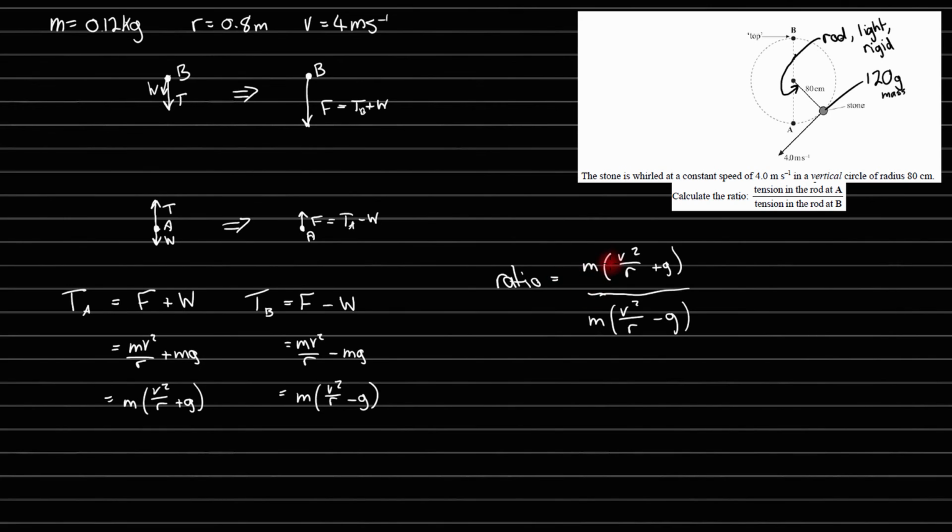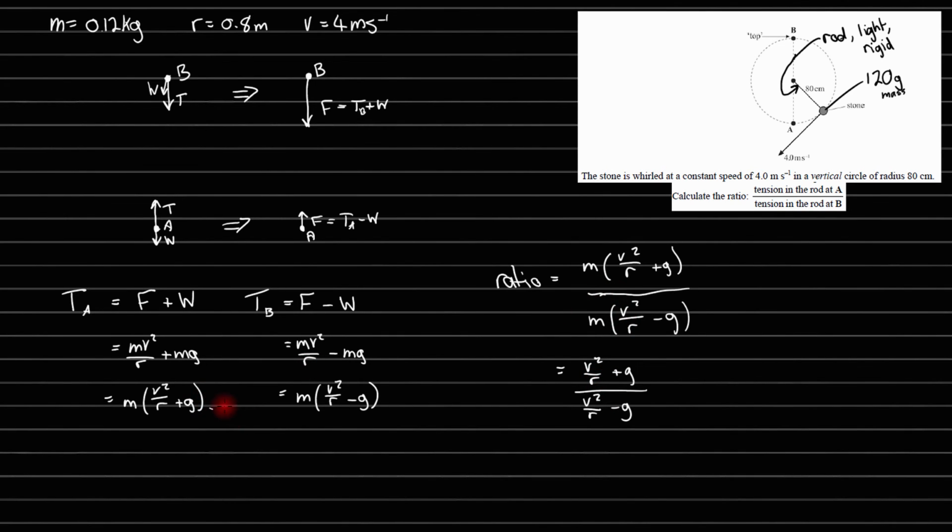And now, as you see here, mass is common throughout. It cancels. We then have v squared over r plus g on the top, all divided by v squared over r minus g on the bottom.